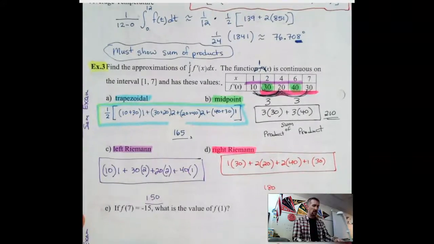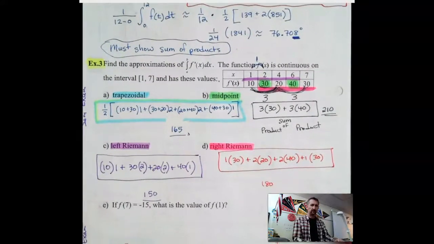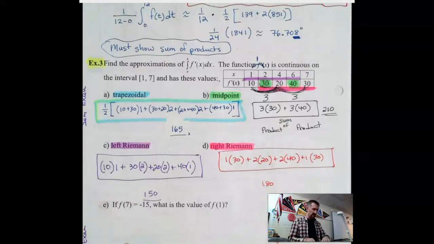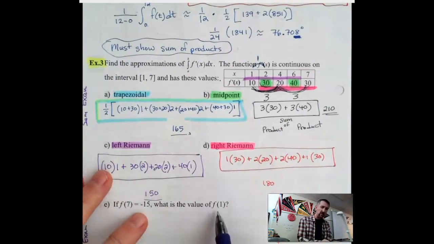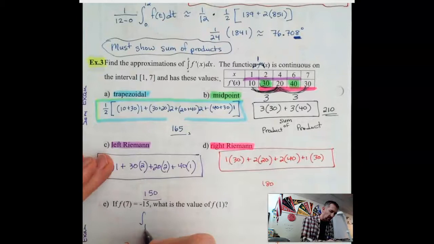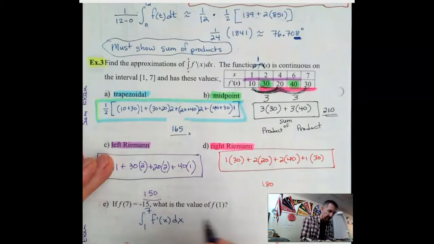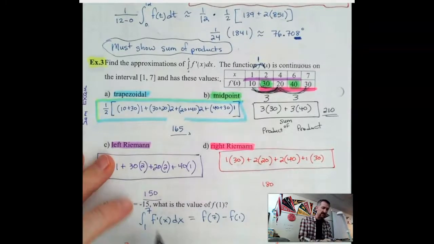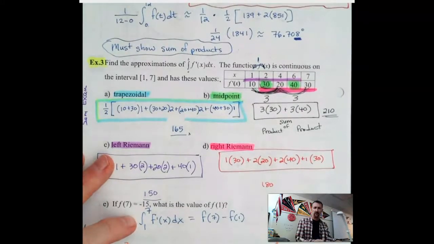Okay. Now, I want to go back and use this as an example of how to use the fundamental theorem of calculus. So they're telling us that f of 7 is negative 15. What's the value of f of 1? So what we can do there is look at the integral from 1 to 7 of this function. Okay, and then that would be f of 7 minus f of 1, because if we integrate a derivative, we just get the function back.